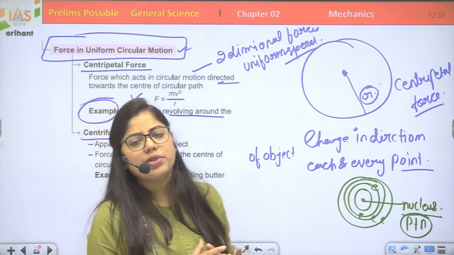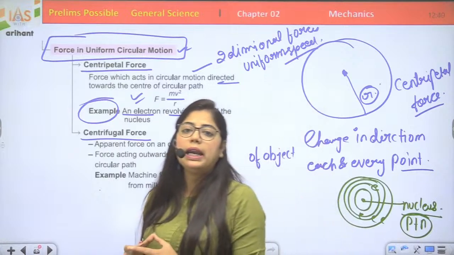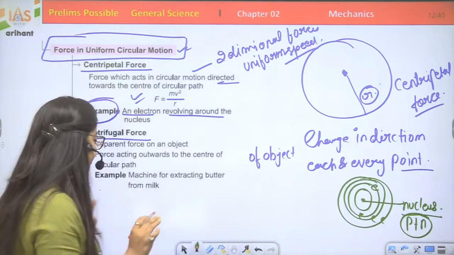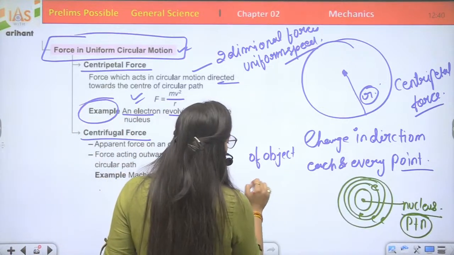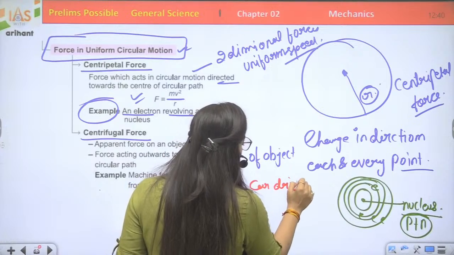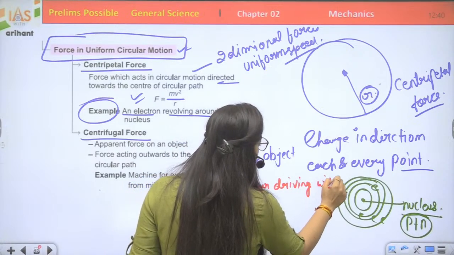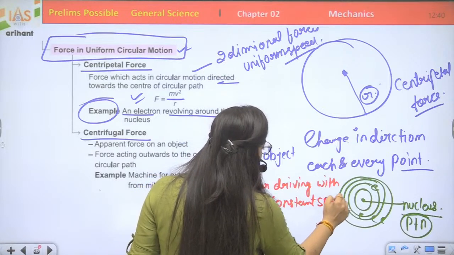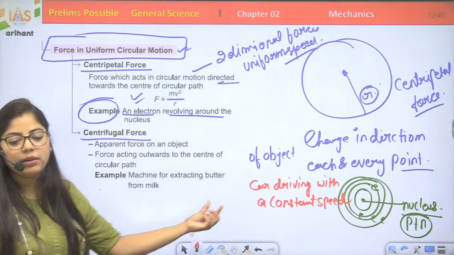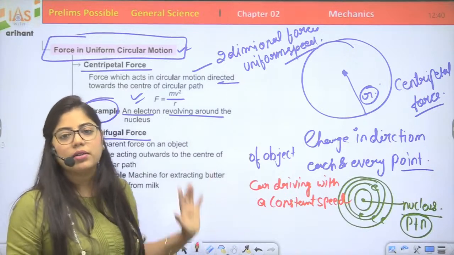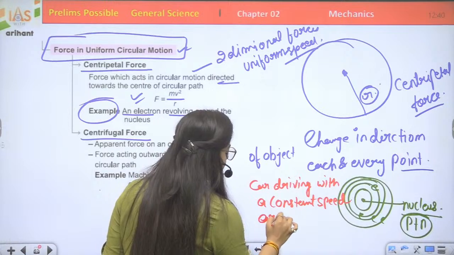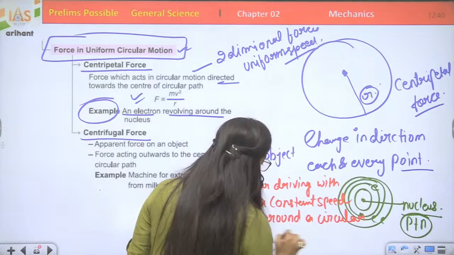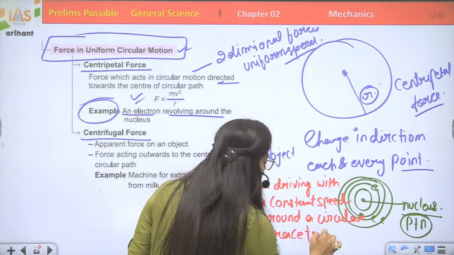Another example of centripetal force from our daily life: a car driving with a constant speed around a circular race track.